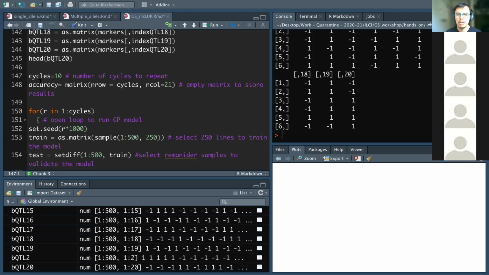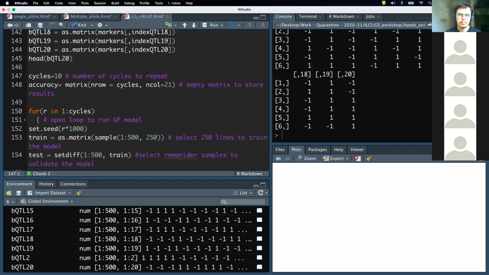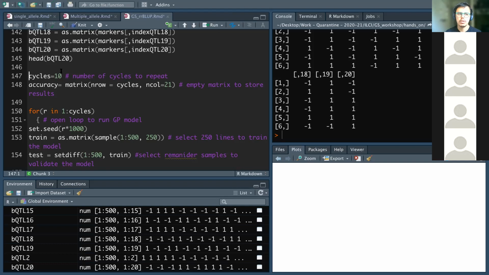So that is why repeating the process several times is going to give you a better idea about how good your model is. And I'm just going to use here 10 cycles because I don't want to take a lot of time to run, but usually what I do is use 100 cycles.